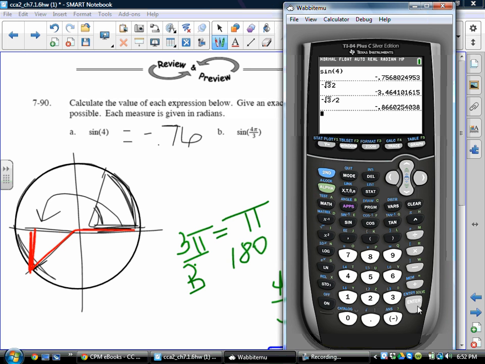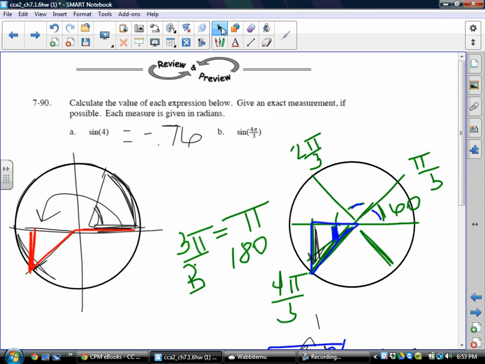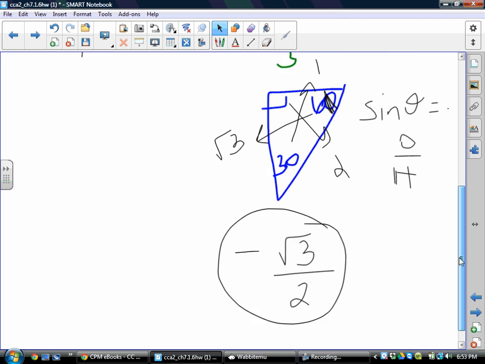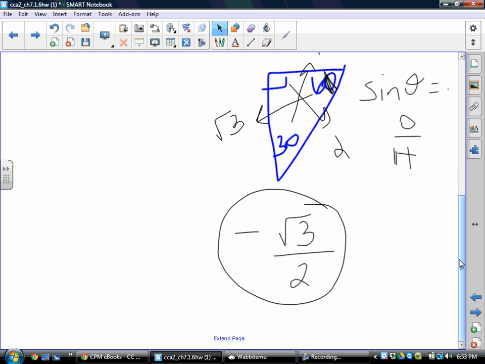That's our approximate answer, negative 0.87. Now let's type in sine of 4 pi over 3 and see if we get the same thing. Checking if our answers are the same. Yep, there we go. So typing in your calculator gives an approximate answer, but to get our exact answer, it is going to be this negative radical 3 over 2.